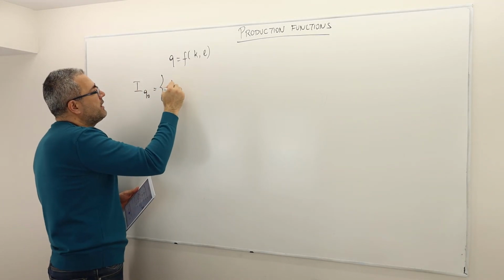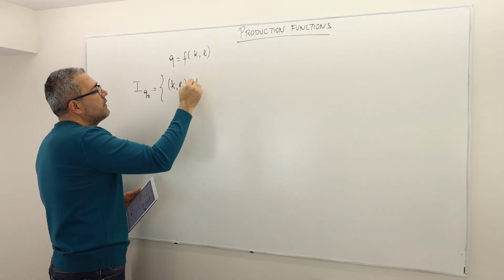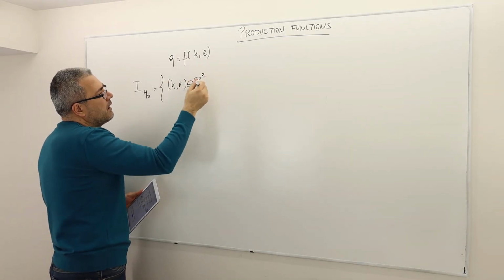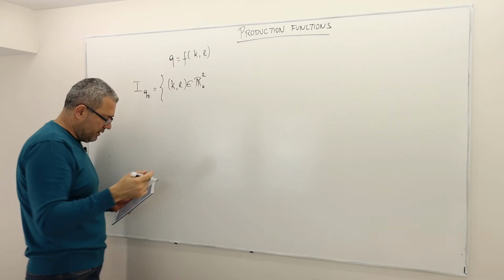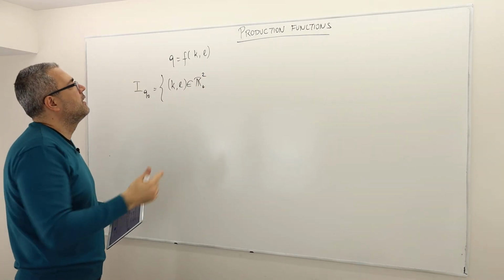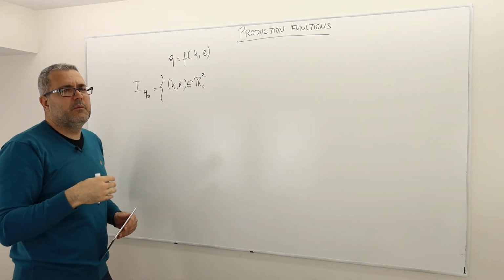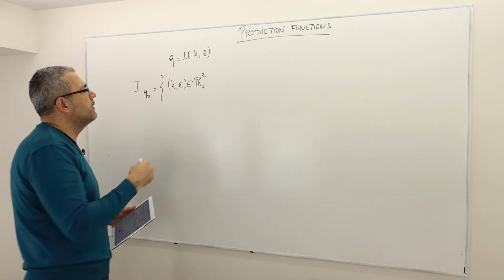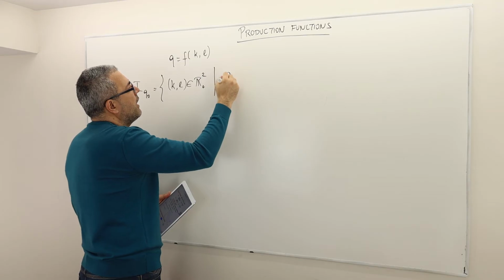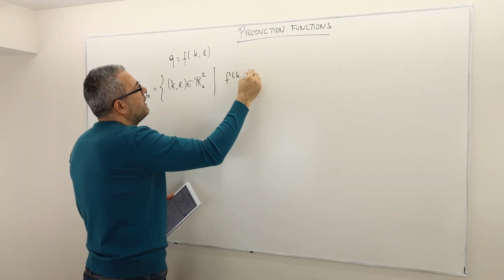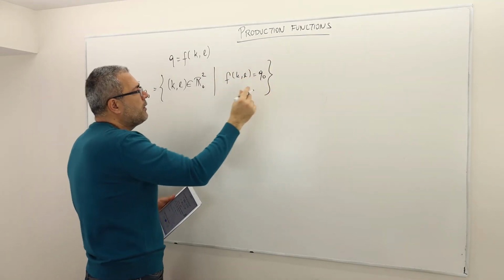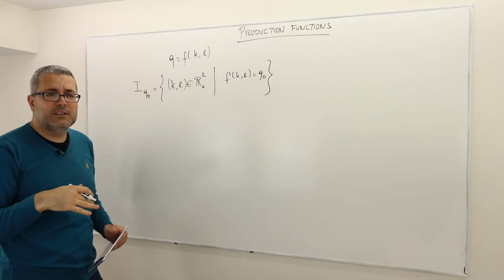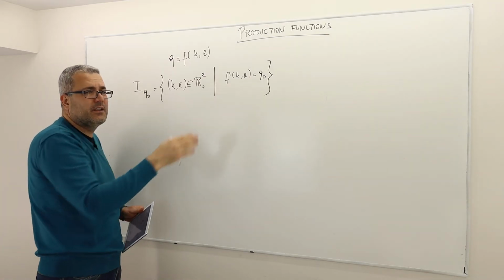It's basically capital and labor, which is in R squared plus. We usually assume that you don't really use a negative amount of inputs. It doesn't make sense, but obviously you can use zero amount of inputs, such that f of K, L equals Q0. I don't want to produce more than Q0 or less than Q0, but exactly Q0.